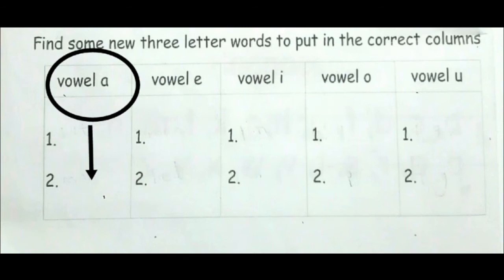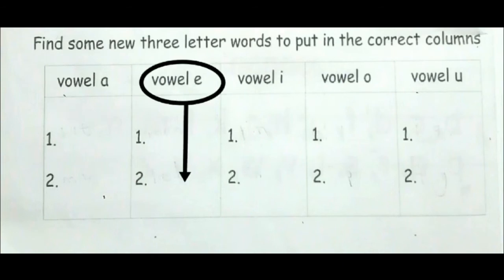In the second column, we have to write vowel E, the 3-letter words that have a letter E in it. And in this way, you have to complete all these 5 columns.